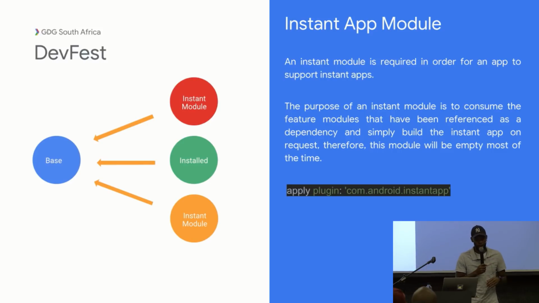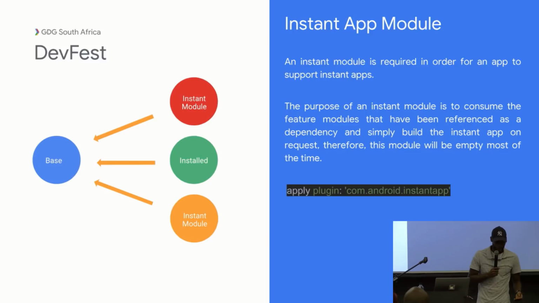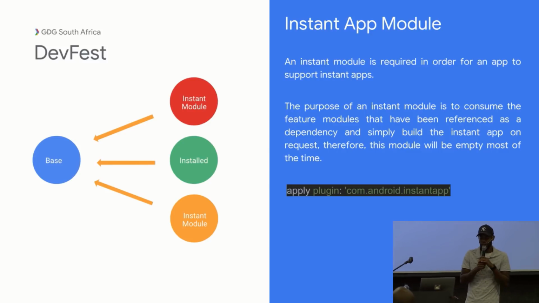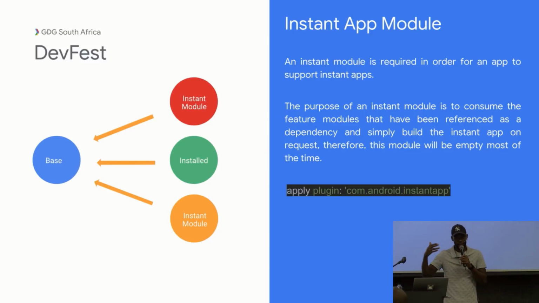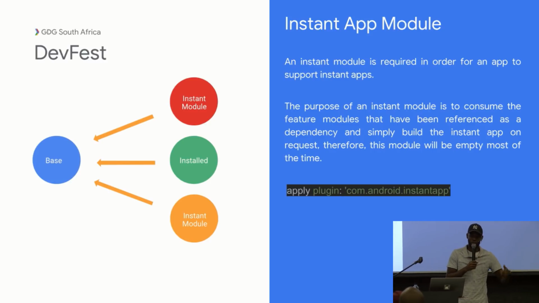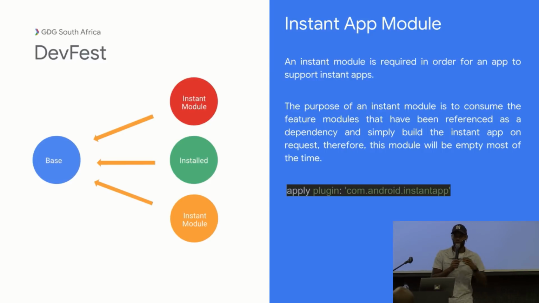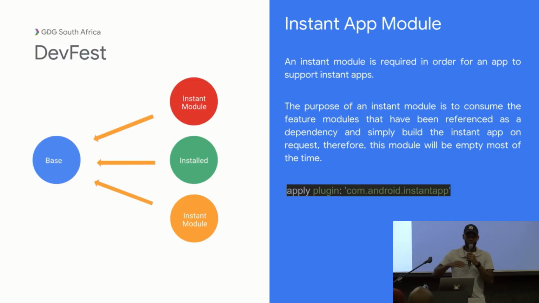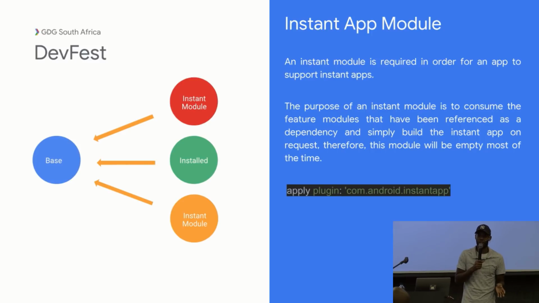If you're going to be supporting instant apps, you're going to need a feature module. You're going to need an instant app module as well. Or if you have installed apps, you can have that as well. And then you have your base module. Features would contain any code that's related to that particular feature. Say, for instance, you have a login feature in your application.